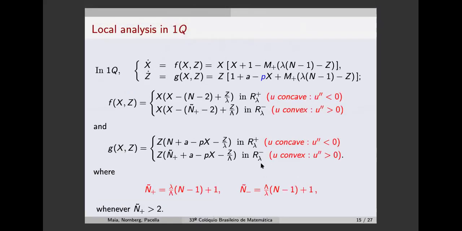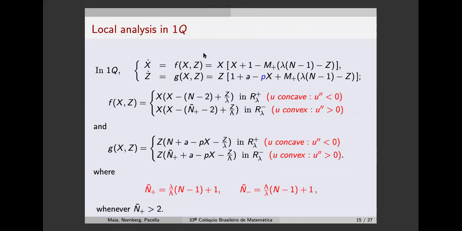But okay, the dynamical system given in terms of an f function of x,z and a g function of x,z is this one. These functions change depending on the M, and the M changes depending on the concavity of u.